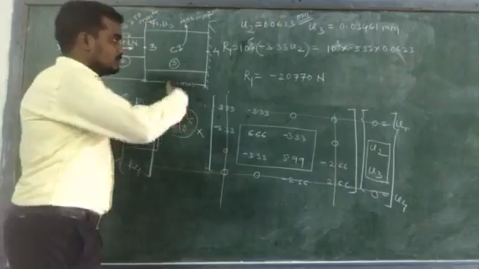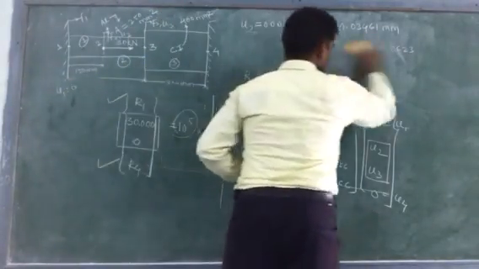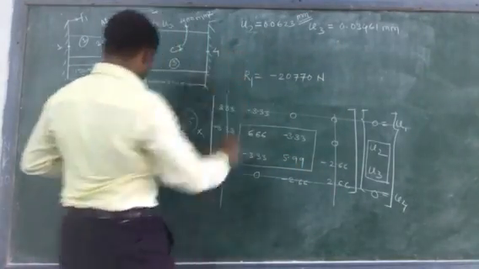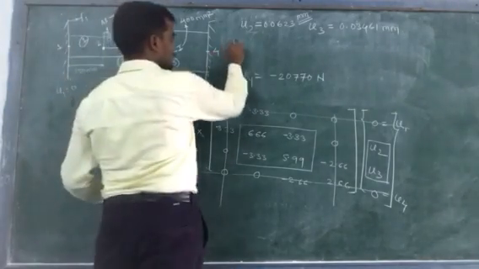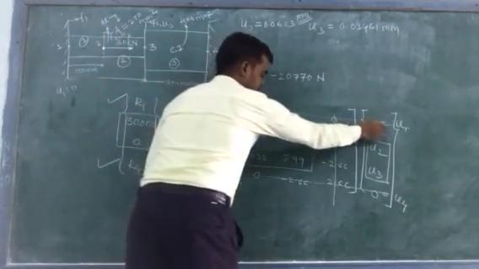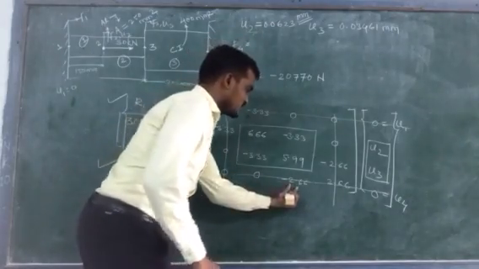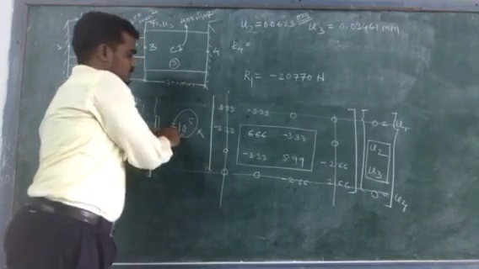Similarly, you can find out R4. From this equation, you will get R4. R4 is equal to 0 times u1, which means 0, 0 times u2, which means 0, minus 2.66 times u3. Here, you need to take into account this value 10 raised to power 5.